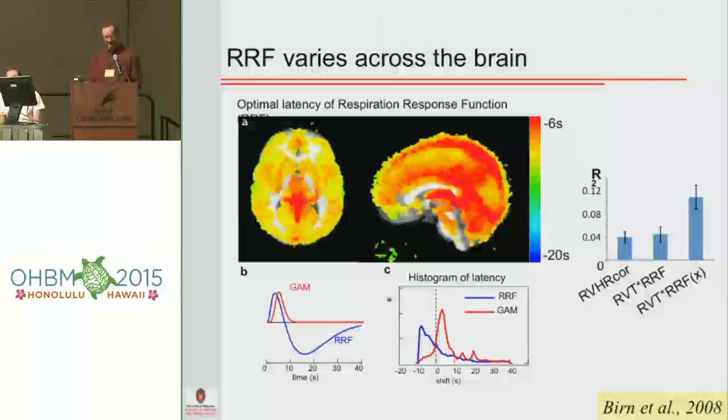Just as a couple of points, because I know I'm running short on time, where can we go from these improvements? One, very similar to the PST-core method, is allowing for a shift in the latency. We can show, as I've shown in some of my earlier studies, that the optimal fit of this respiration response function actually varies across the brain. If we allow that to vary, we can account for significantly more variance.